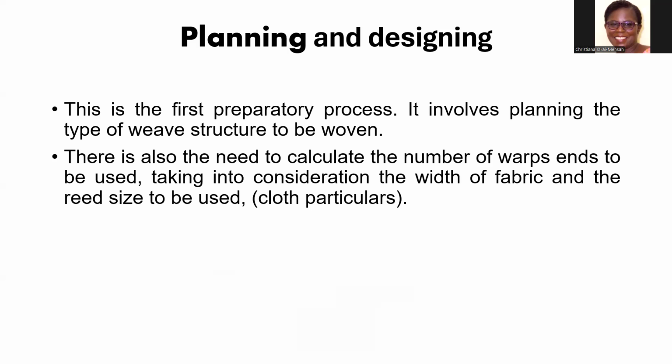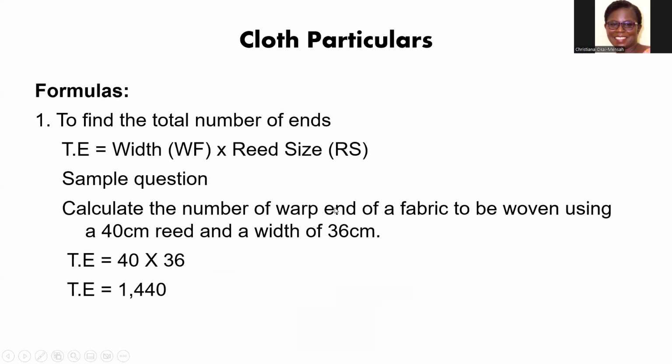And this we can know best using the reed that we're going to use. So the reed, we have numbers. We have 36-inch reed, 24-inch reed, 48-inch reed. And how do we calculate? How do we know that this reed is 24 or this reed is 48 that I'm talking about?